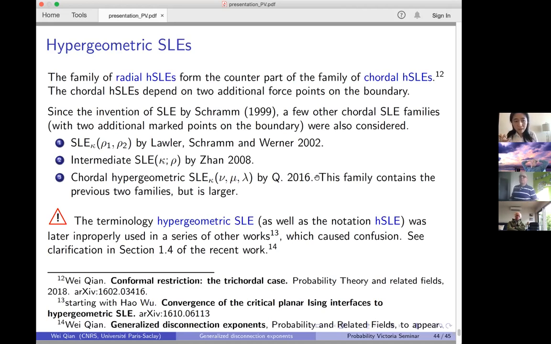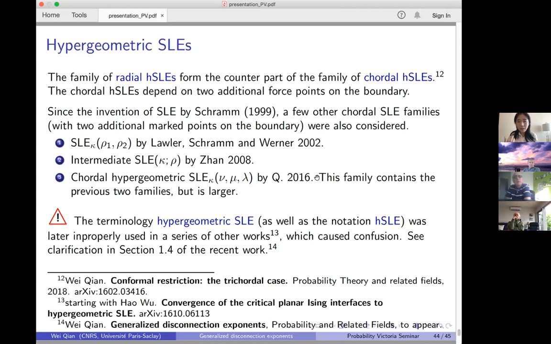So my family of hypergeometric SLE contains this family, but it is a larger one. But in many talks and arXiv preprints, Wu claimed that hypergeometric SLEs were introduced by her without mentioning Zhan's work or my work. So for more details, I'll invite you to see this clarification in section 1.4 of my recent work.